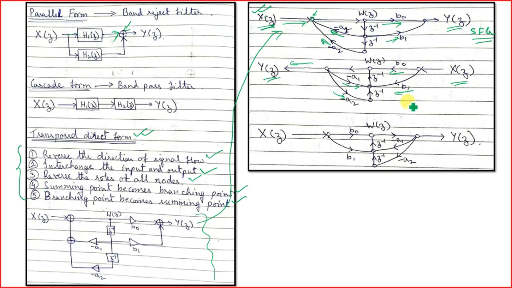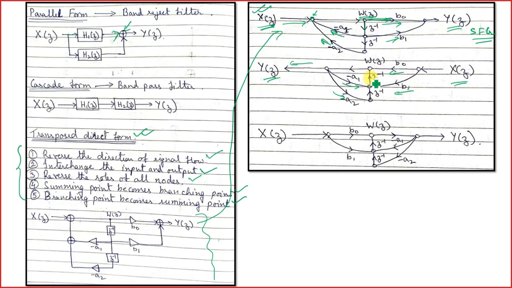So what has happened over here, if you see the first one, initially this was the summing point: xz was coming, minus of a1 is coming, minus of a2 is coming. And the WZ node was the diverging point. The same signal was moving towards B0 and the same signal was moving towards the Z inverse delay components.